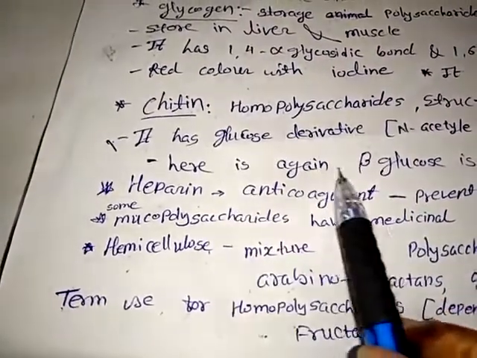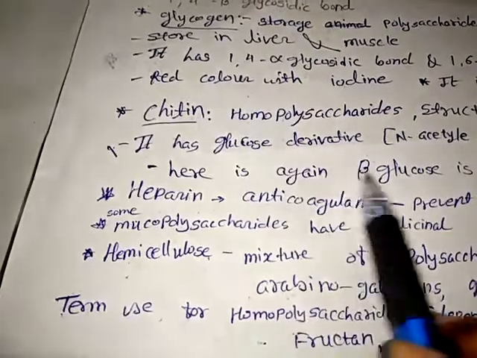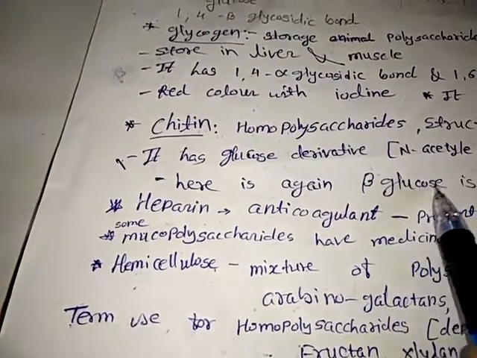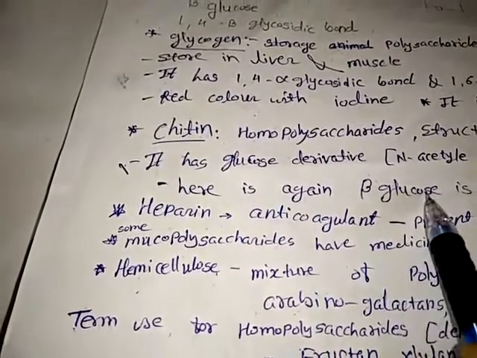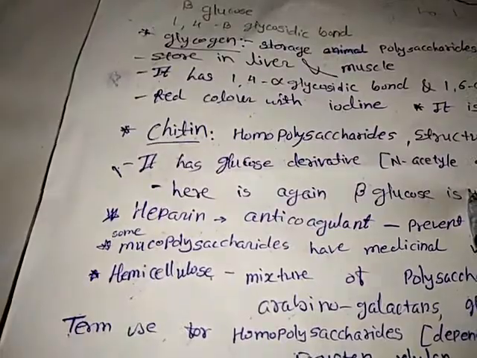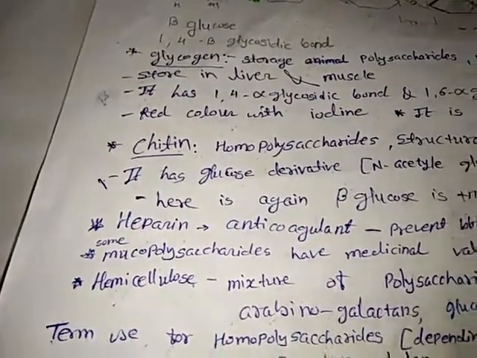And in chitin, the glucose involved is again beta glucose; the beta glucose derivative N-acetyl glucosamine is involved in chitin. So here the bond formation is again a 1,4 beta linkage.